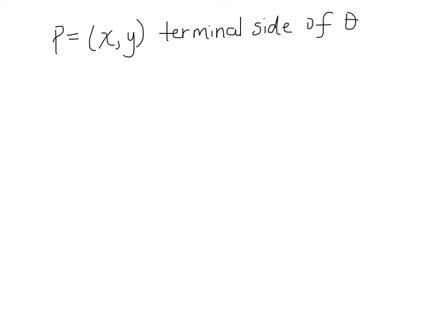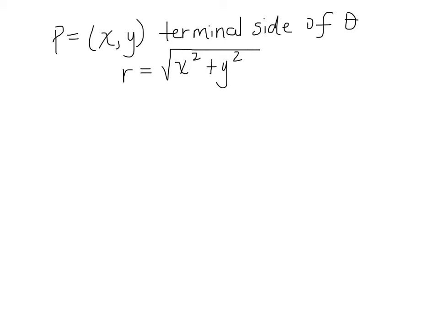So if you have a point, which they'll probably call P, x comma y, and the point is on the terminal side of theta, then you can find r, which remember was the hypotenuse, by basically doing x squared plus y squared and taking the square root.